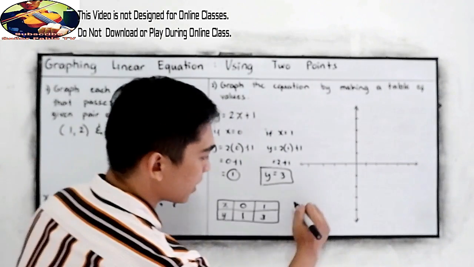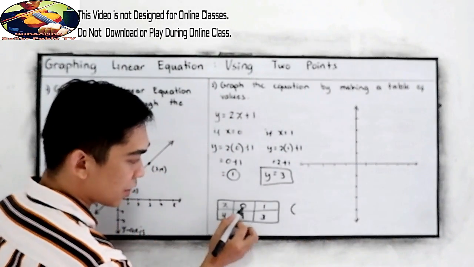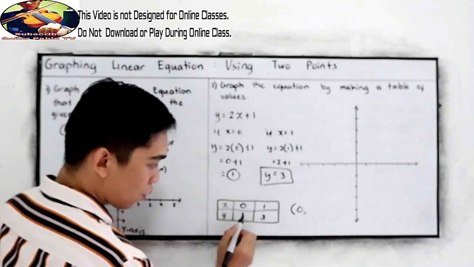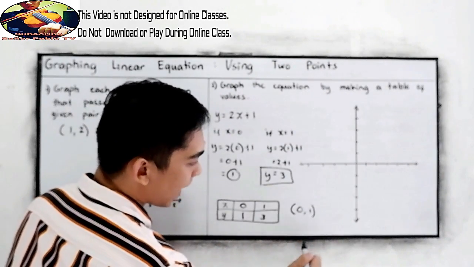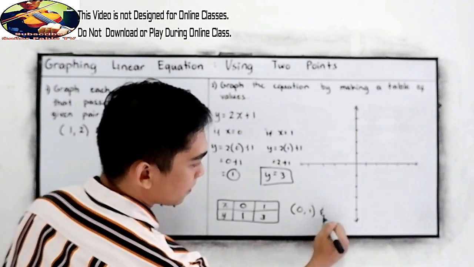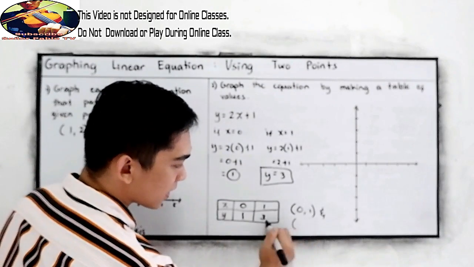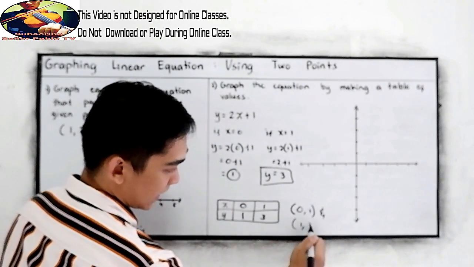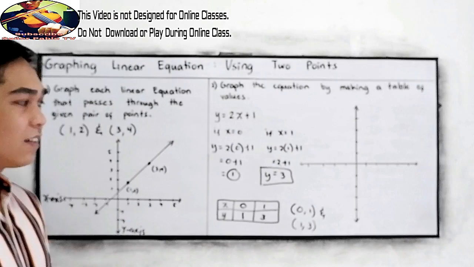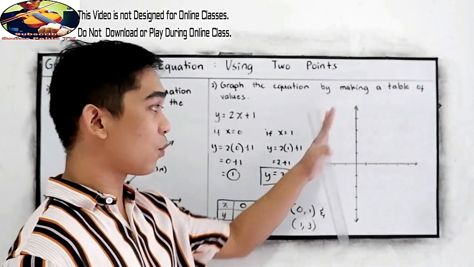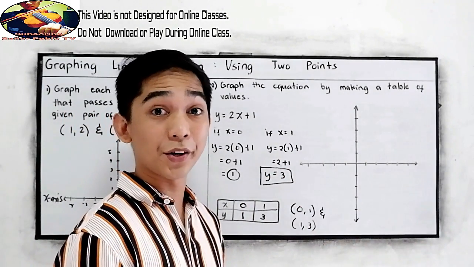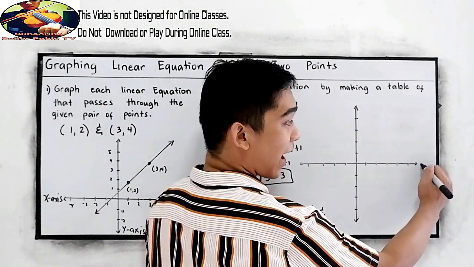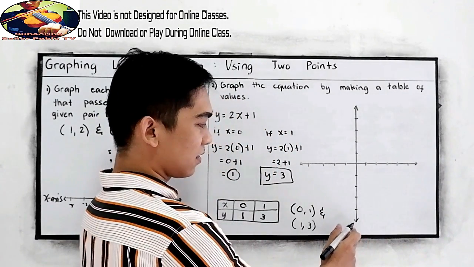Now our points are 0, 1, and 1, 3. Okay. And we are now ready to plot in our rectangular coordinate system. This is the x-axis, the y-axis.